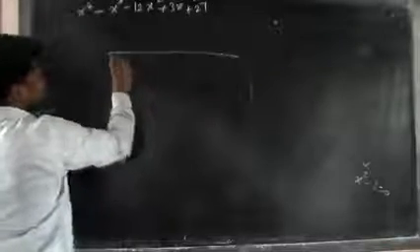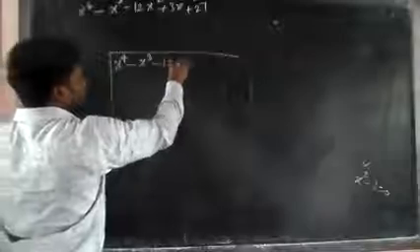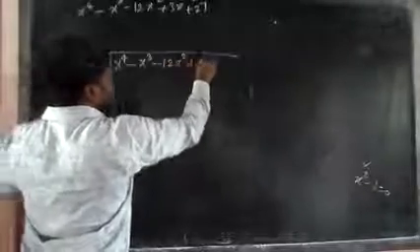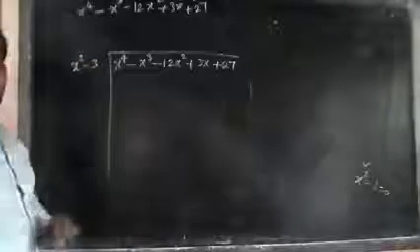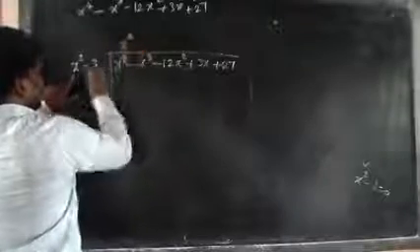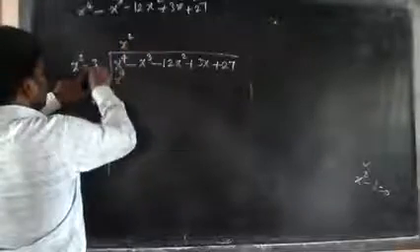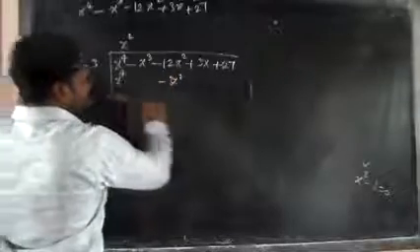So what is that? x to the power 4 minus x cube minus 12x square plus 3x plus 27. This is what? x square minus 3. So divide, what will come? x square will come. x square into x square is x to the power 4, minus 3 into x square is minus 3x square. That is the x cube term.